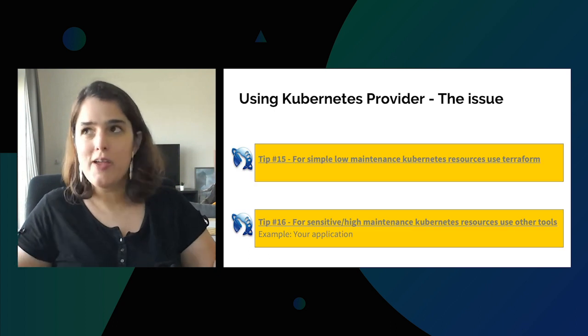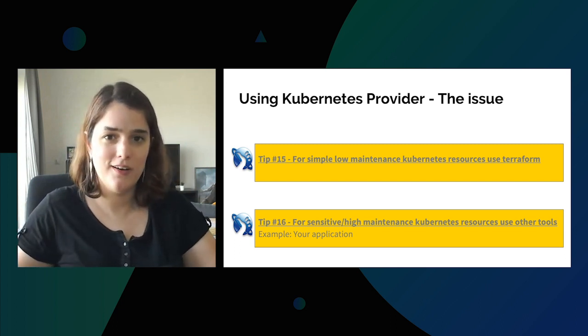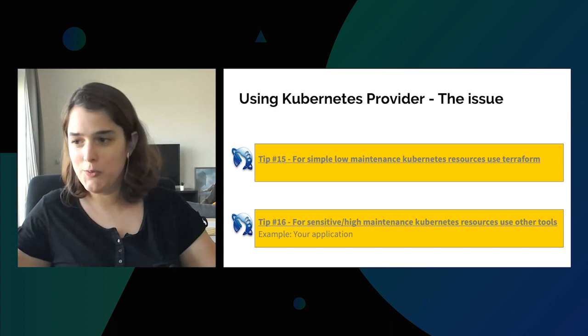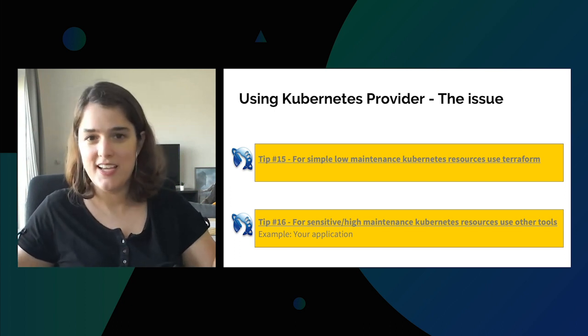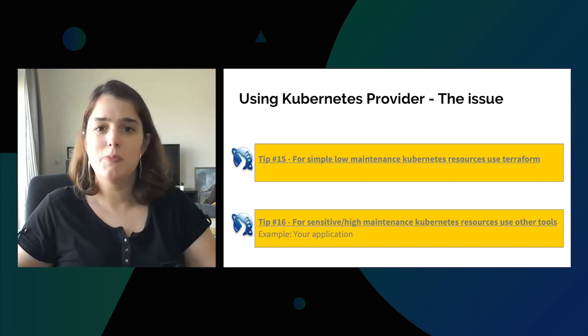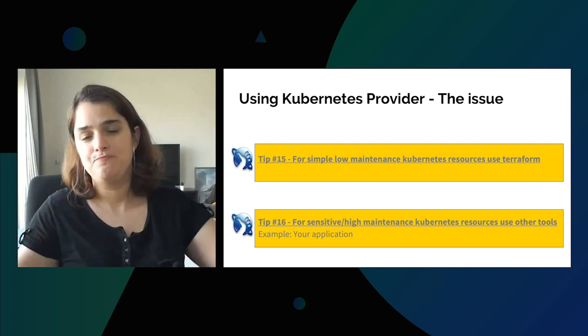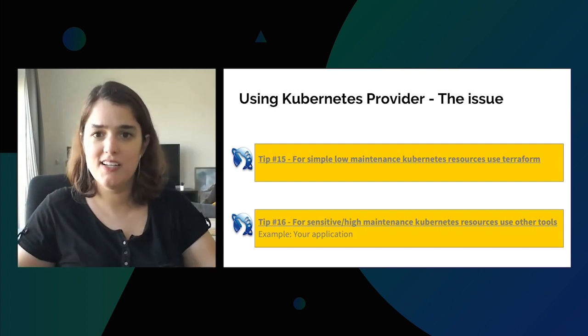So for low maintenance Kubernetes resources, like for example, if you want to build a monitoring deployment, that you will trigger once and leave it there and touch it only to upgrade or to do a few things, then the Kubernetes provider is the way to go because it's built in, it's a provider.